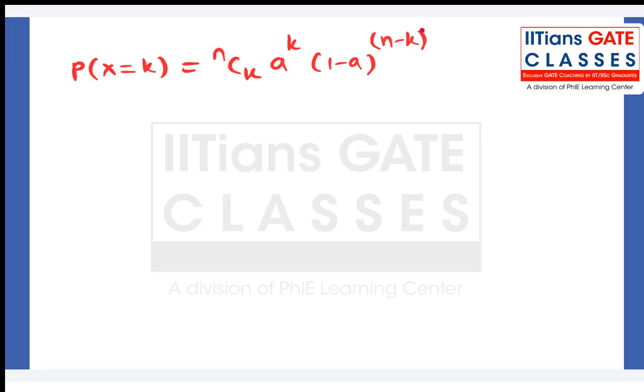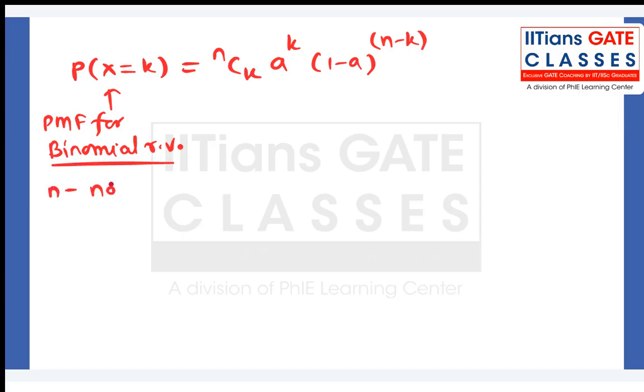Okay, so this is basically your PMF for the binomial random variable. And we'll use that here, because here n represents the total number of independent trials. Basically in our case this represents the number of coin tosses. Okay, k represents the number of successes in these trials.